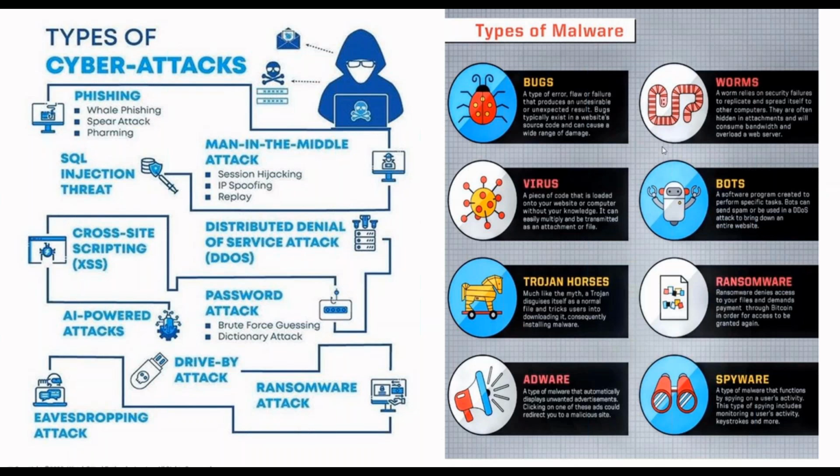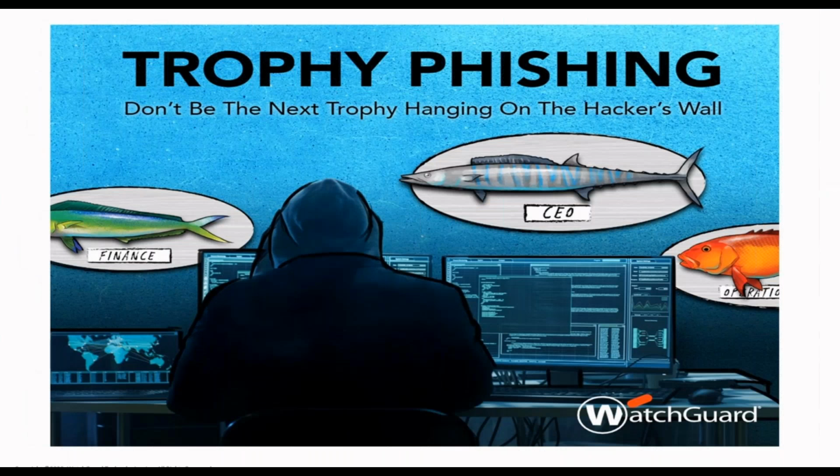We also have worms, bugs, viruses, a Trojan horse, which is mainly trying to imitate another application so that it can be used to have a virus in it that will service a specific process in there and try to bring down the service. Definitely, I'm not going to go over all of these, but these are the main types of malware.